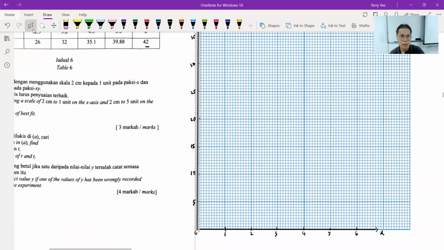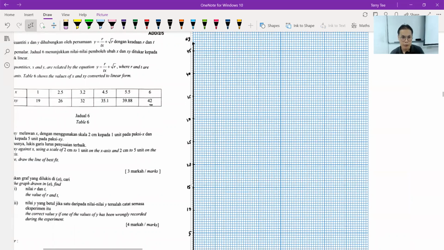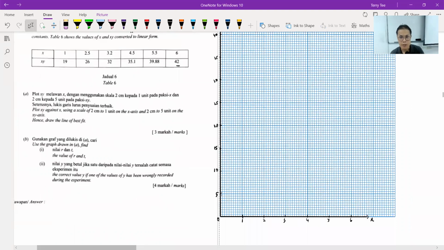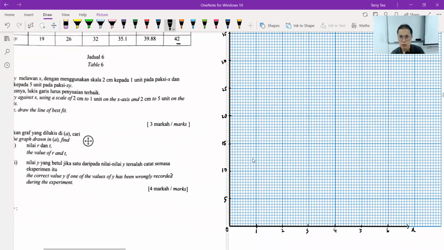Okay, let me adjust a little bit. There you go. Okay, now the next thing is we are drawing the line of best fit. Plot the point first. The first point is 1 and 19. 1 and 19 will be here.